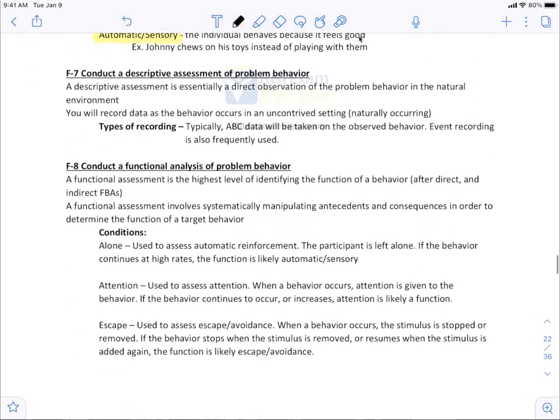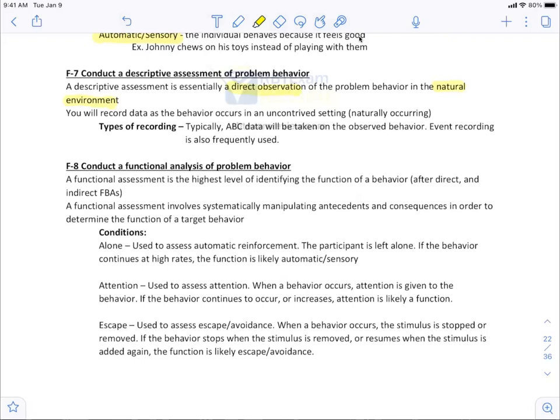F7, conduct a descriptive assessment of a problem behavior. A descriptive assessment is essentially just a direct observation of the problem behavior in the natural environment. Okay, so if you are at an assessment and you're conducting an interview, you might ask an RBT to conduct a descriptive assessment. Okay, this is typically going to be some sort of ABC data, some sort of event recording. You're really just watching the behavior as it occurs in a naturally occurring setting.